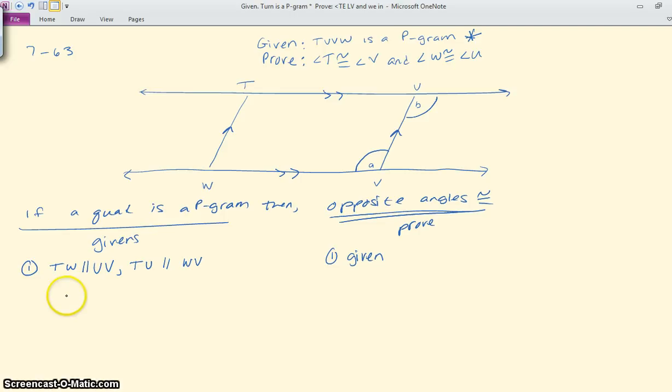Do we agree that in this case, angle A is congruent to angle B because they are alternate interior angles with parallel lines?